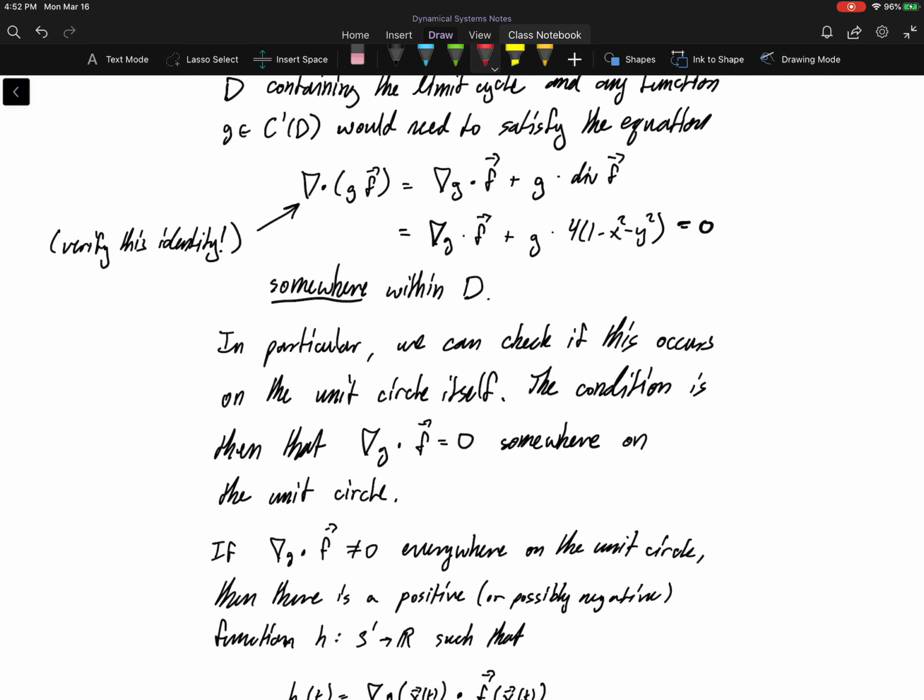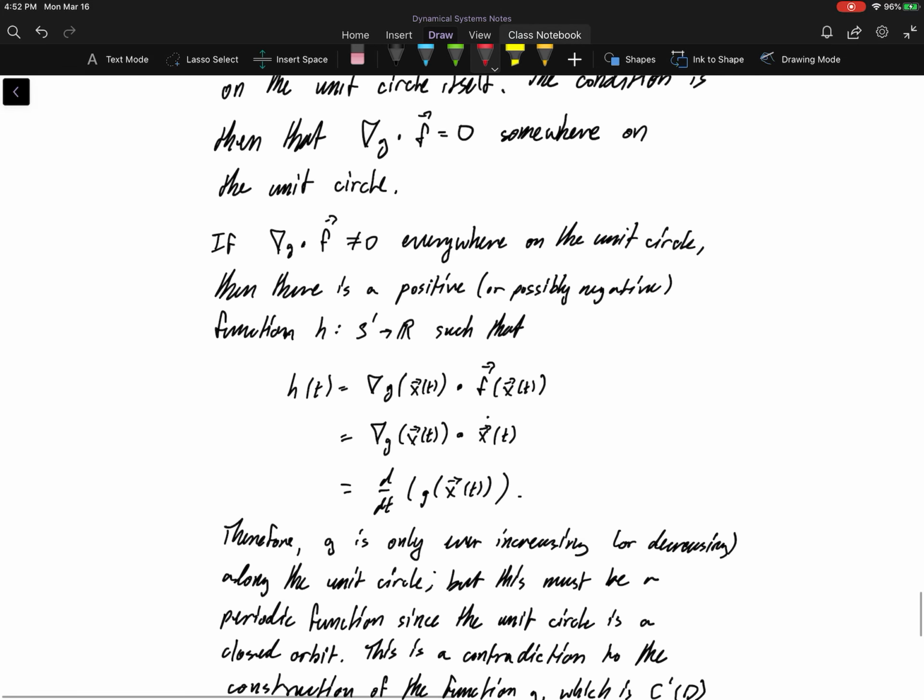Okay? So I need to establish this. So if this guy wasn't 0 everywhere, or was non-zero everywhere, then there is a positive or negative function that represents this value right here. This would be the change in g as I traverse the limit cycle, right? So this function would have to be strictly positive, right?